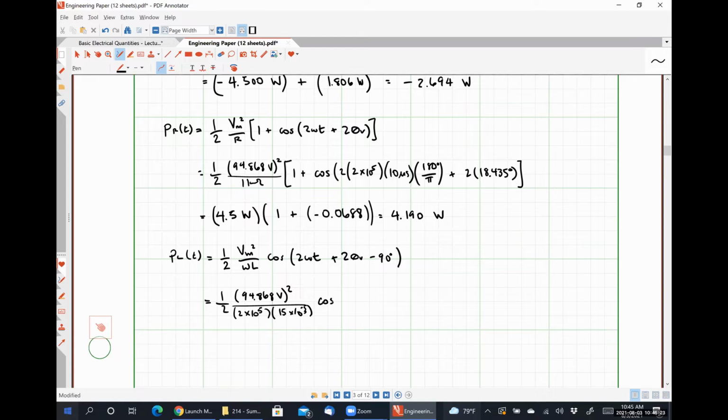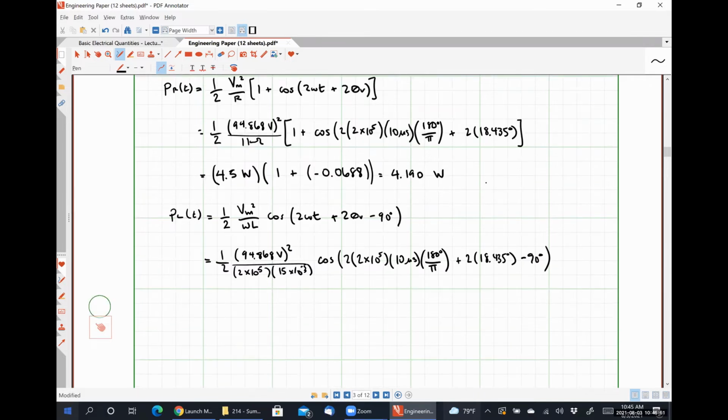And we're going to have cosine 2 times 2 times 10 to the 5 times 10 microseconds times 180 degrees over pi plus twice 18.435 degrees minus 90 degrees, close parentheses. And so let's see what this looks like.